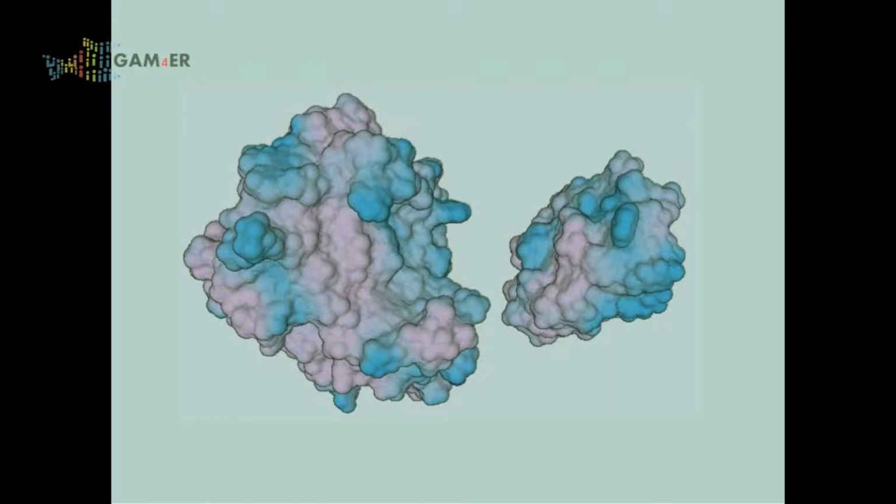So he has to pay attention to both the shape of the molecules and electrostatics. It means that red parts of the molecule are negative, and blue parts are positive. And you have to match positive and negative parts, so it works like a magnet. So that's what the player must do.